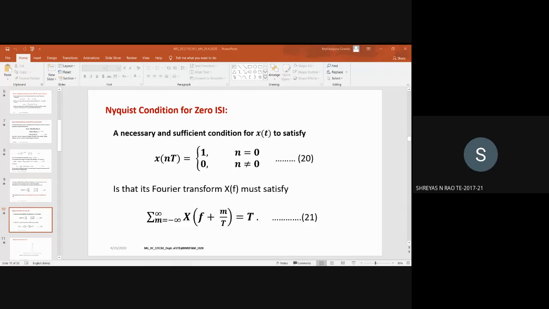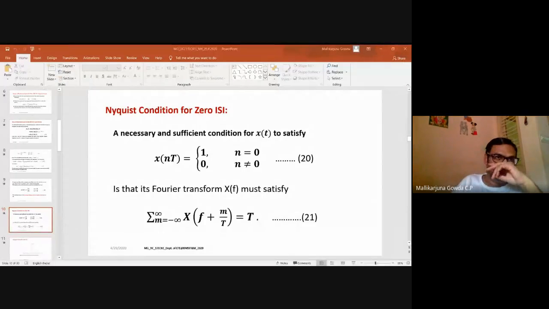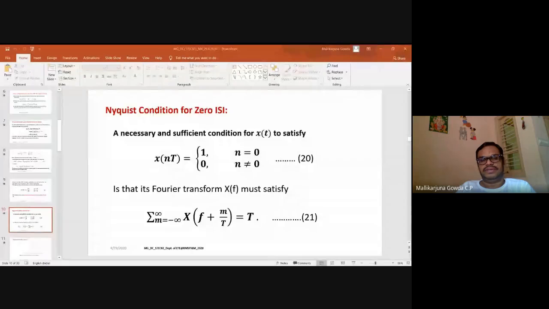Did you understand all the three things? What is the Nyquist criteria to have zero inter-symbol interference? What is the difficulty? I considered three cases: when T is greater than 1 by 2W, how X of f repeats; when T is 1 by 2W, what we get; when T is less than 1 by 2W, what we get.